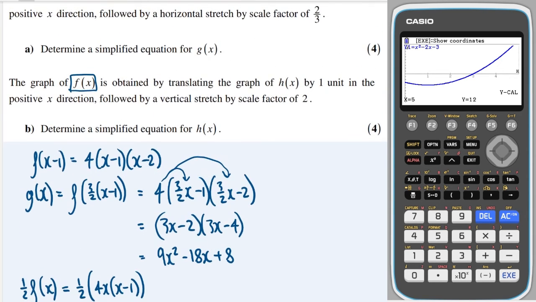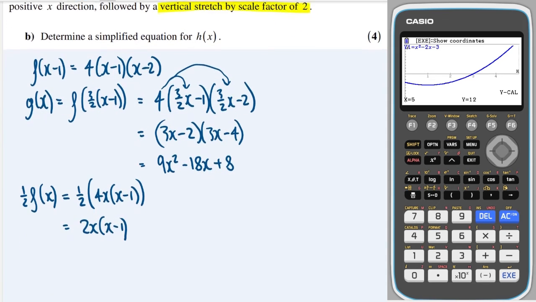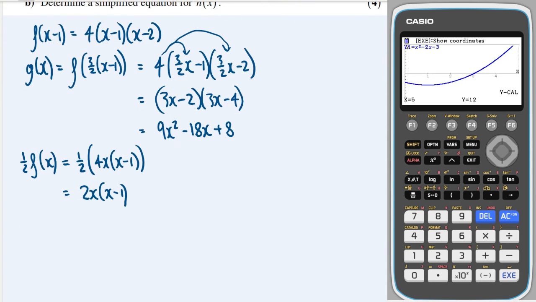Okay, so we've reversed this process, and now we need to reverse this process, which is by 1 unit in the positive x direction. So we need to move it 1 unit in the negative x direction, so that's to the left, and we do that by doing x plus 1 inside the brackets.